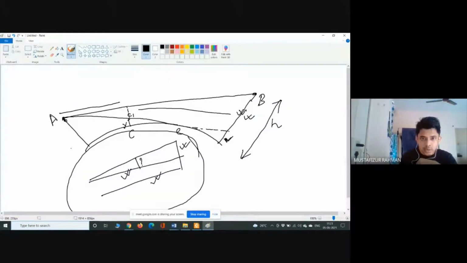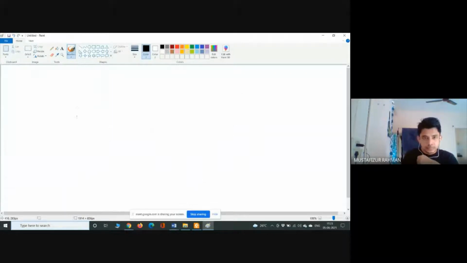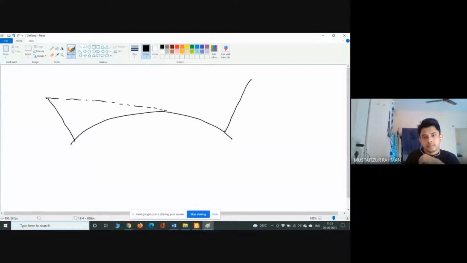there is this C1 and C2, right? Initially from the formula we got C to C1 this much. Let me draw once more. Like this. Here we have A, here we have B. Right, this was the initial line of sight through the horizon.